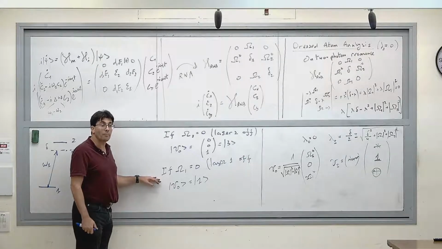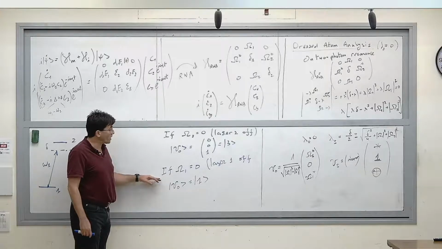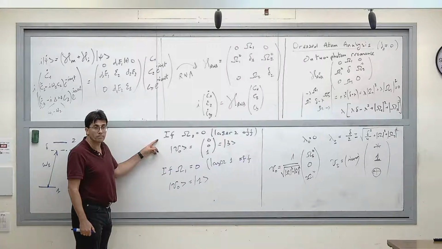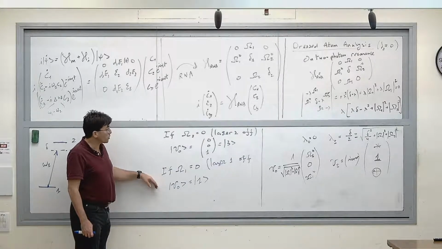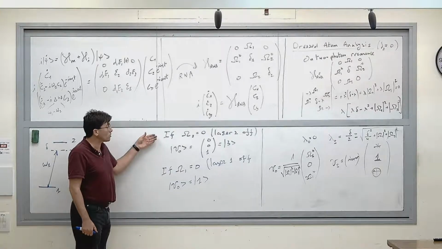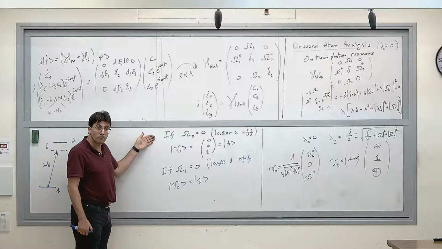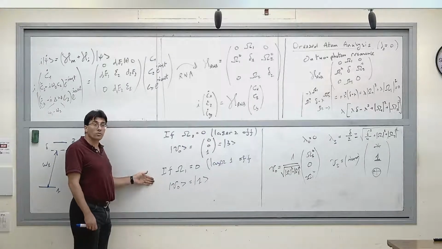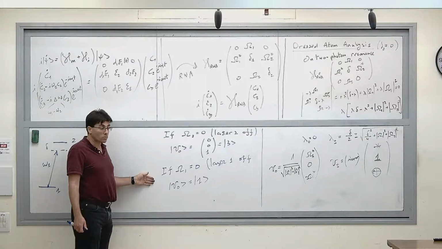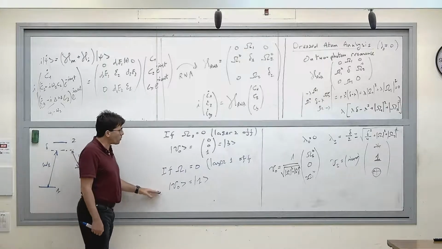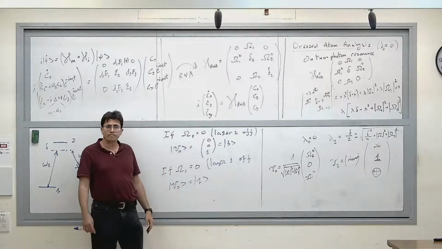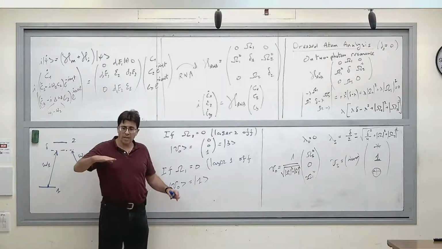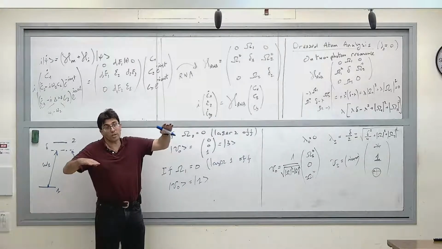I'll move adiabatically from having laser 1 off and laser 2 very strong to the situation where laser 1 is very strong and laser 2 is completely off. And then what will happen? I will be in an eigenstate. In the beginning, why will I be in an eigenstate? Suppose now that all population is in state number 1. All population is here. I turn on that laser. It doesn't do anything. Population is still there.